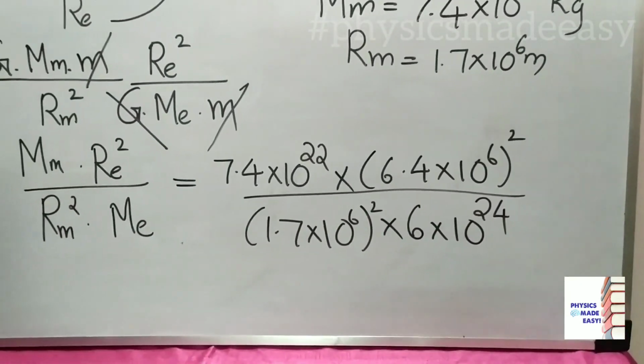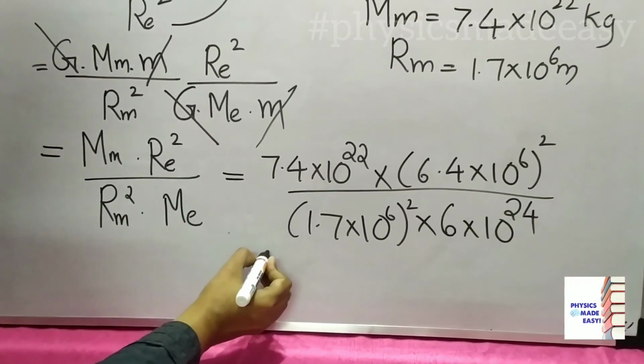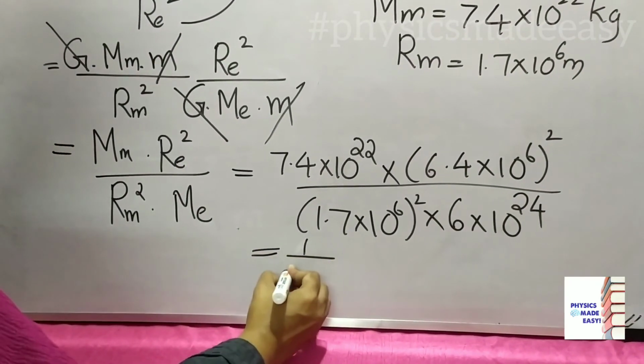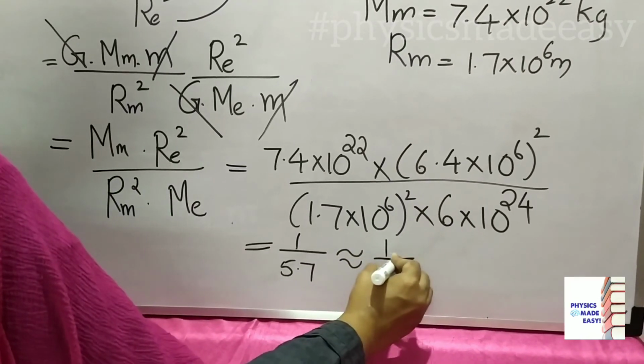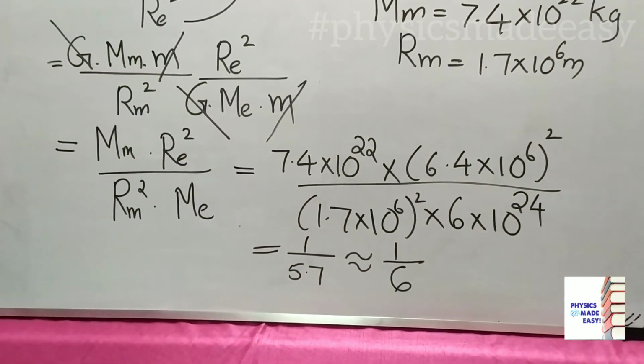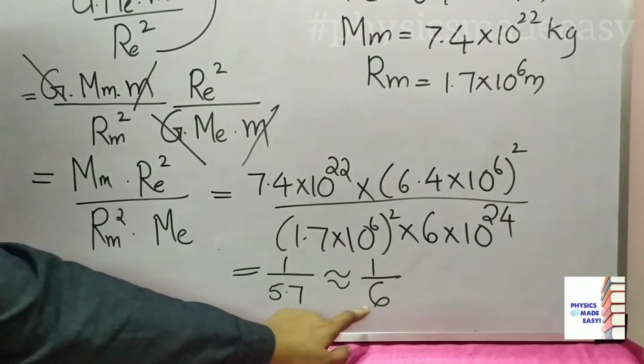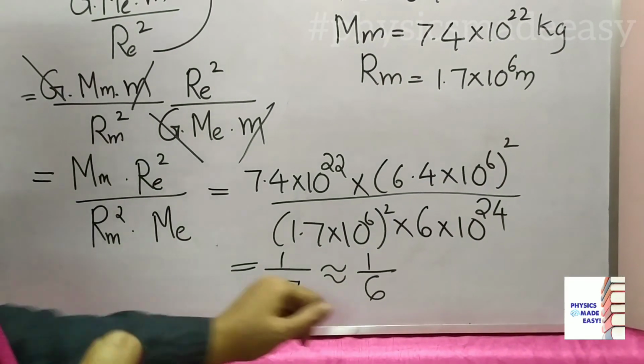After solving this, you will get 1 divided by 5.7. Approximately we can write this as 1 divided by 6. This 5.7 we can round off and write as 6. So 1 divided by 6.